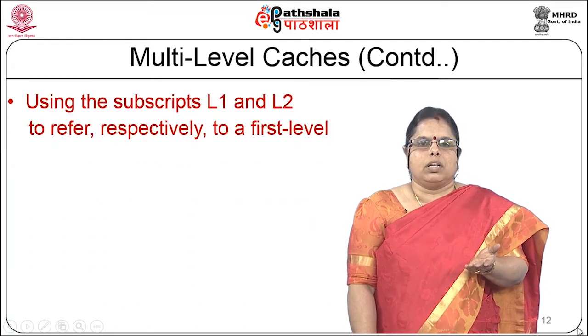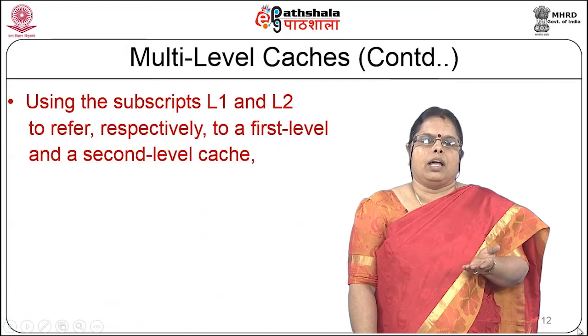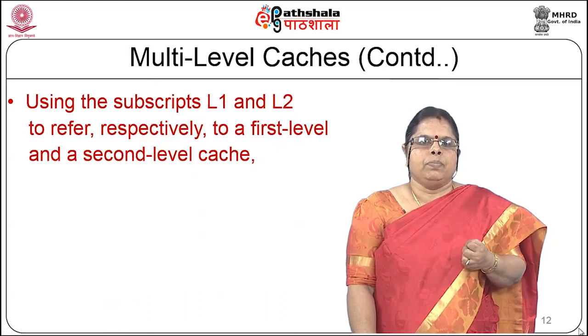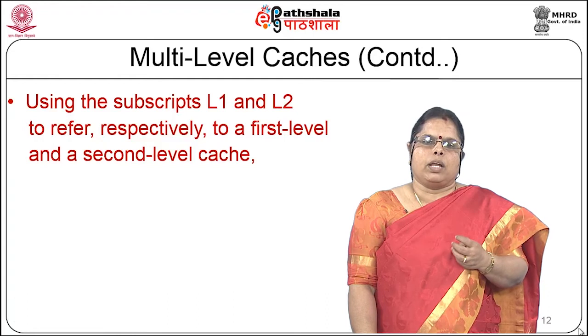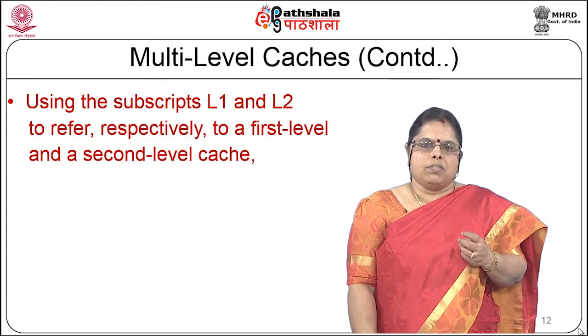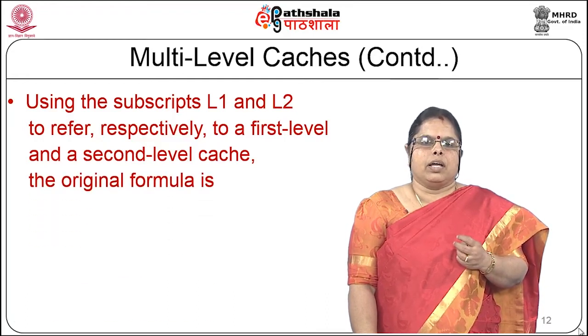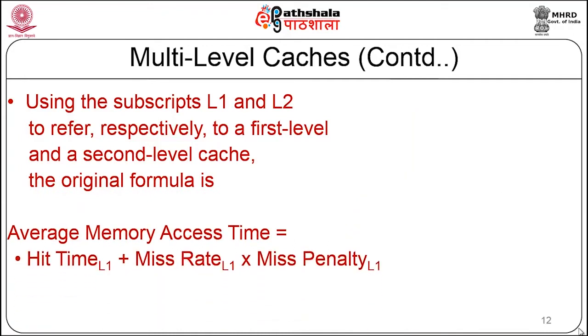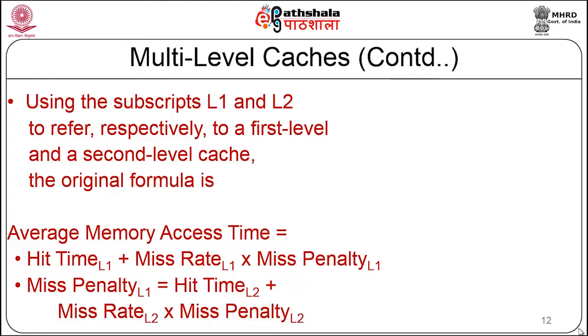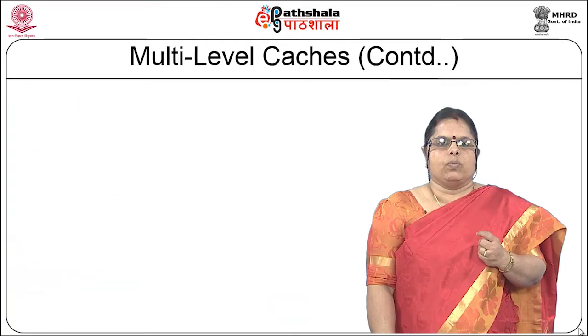If you look at the general average memory access time expression, and use the subscripts L1 and L2 to refer respectively to a first level cache and a second level cache, and substitute in our original equation, your average memory access time is hit time L1 plus miss rate L1 times miss penalty L1, where miss penalty L1 is equal to hit time L2 plus miss rate L2 times miss penalty L2.